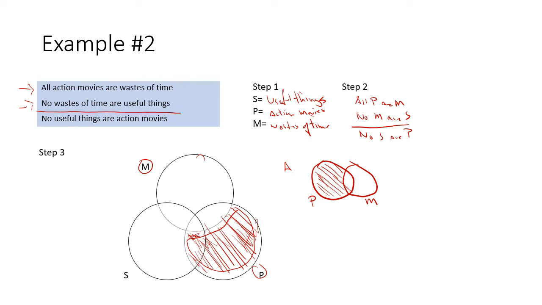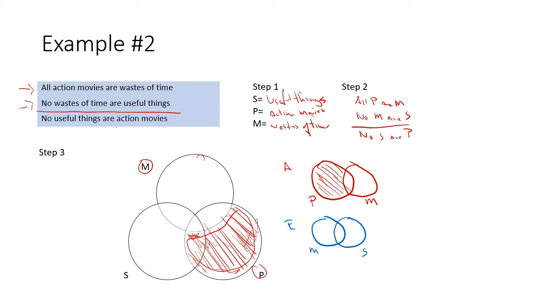Okay, so that's empty area number 1, and premise 2 also is an empty area. In the case of premise 2, we have No M are S, so this is an E claim.